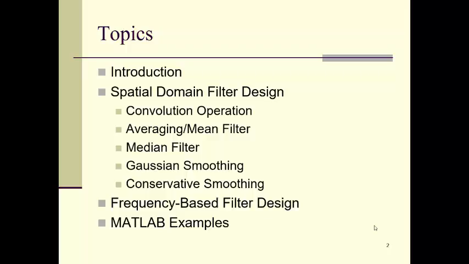So, if you remember last time, we started considering the spatial domain filter. We said that if I apply this filter in the spatial domain, I need to apply the convolution operation. Convolution operation between what and what? Between the image and the kernel of the filter itself.